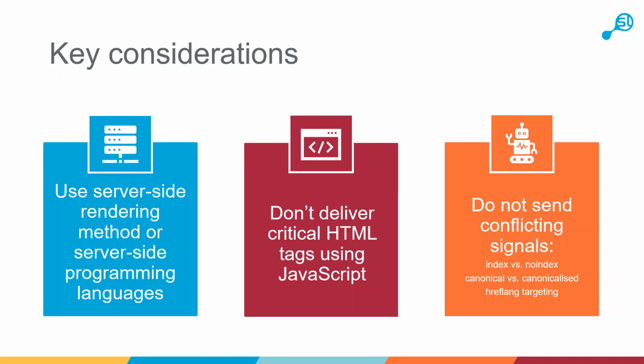And probably the last consideration, if you've got no other choice, is don't send conflicting signals. What I mean by that is if you're trying to remove tags from content through JavaScript, let's say you have a noindex tag and you want to make it indexable, Google will try to stick with the harshest alternative, so that might not work for you.